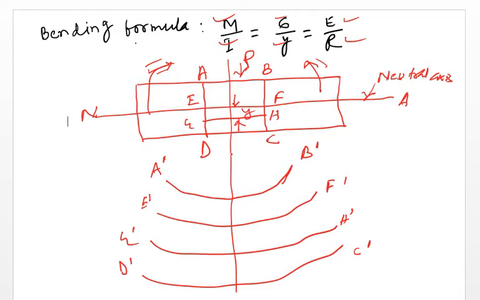Suppose we take one point over here, that is O. So from here to here let's draw the line. It will extend up to here. Let's extend this up to here. Suppose this angle is theta after loading, correct?